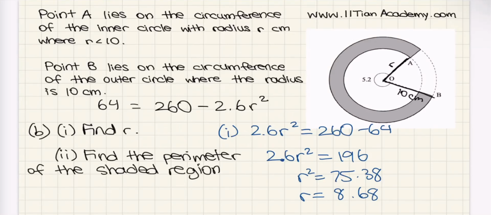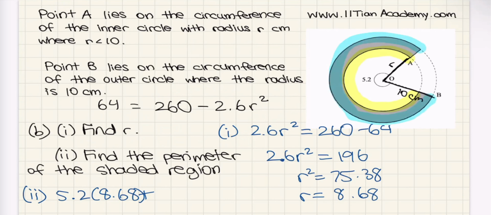So in order to find this part here, which I'm going to highlight in yellow, we would have to do 5.2 times r, which we found out was 8.68. Then we also need to add that to this part of the circumference as well, this whole part.